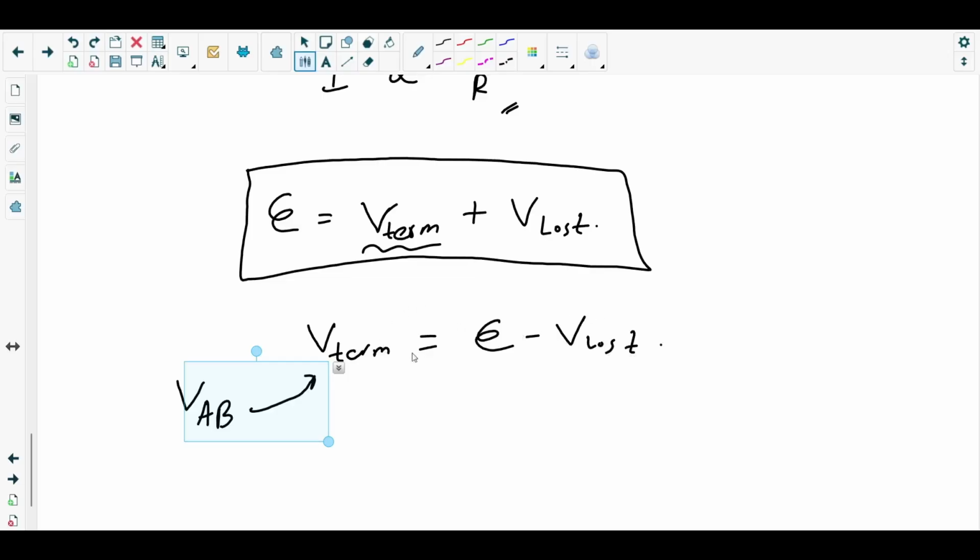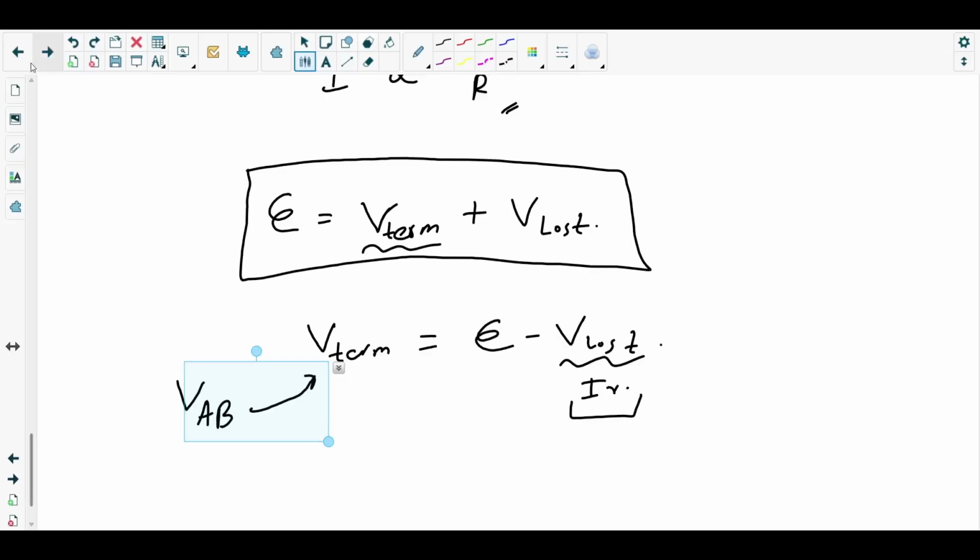That means the Thevenin's voltage gives you the maximum effective voltage that the circuit can provide to its components, because the V lost is due to the internal resistor, IR, the voltage lost in the internal resistor.